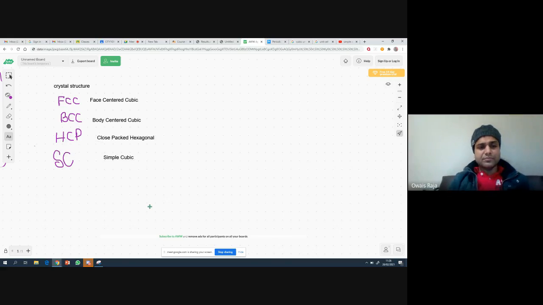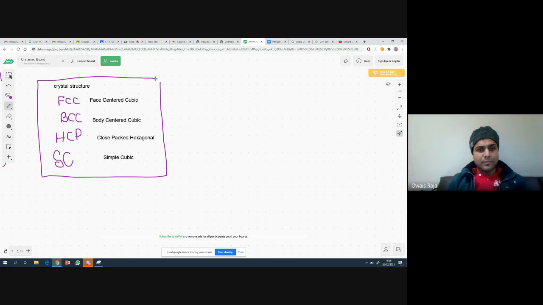Okay. These are the crystal structures, but first we need to have a look at what a crystal structure is. To define a crystal structure, we need to define a unit cell. So let's define what is a unit cell.